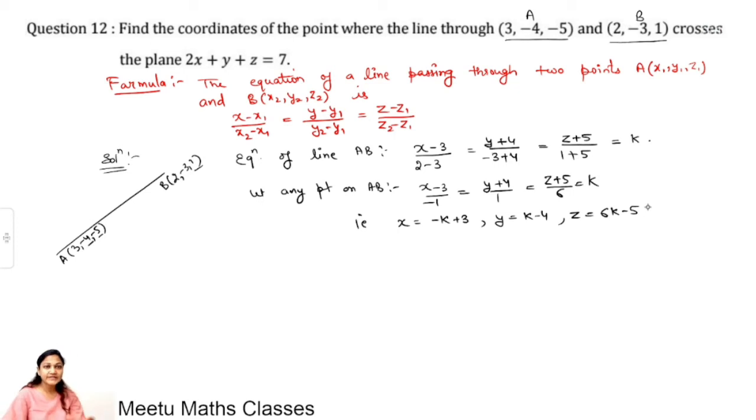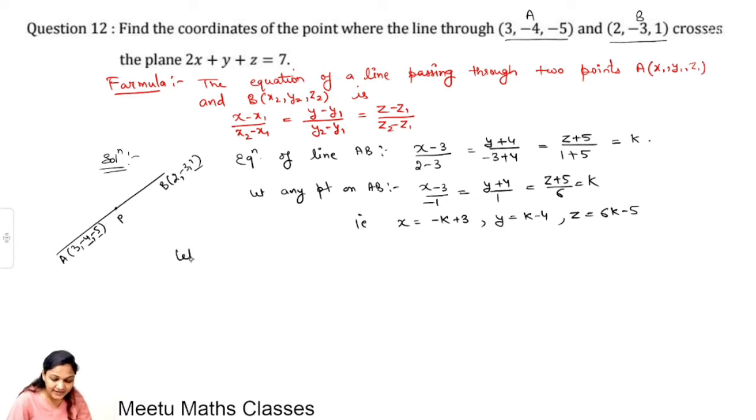Now this is a general point on AB. Let this point be P, any general point P. Now we are supposed to find the coordinates of the point where the line AB crosses this plane.